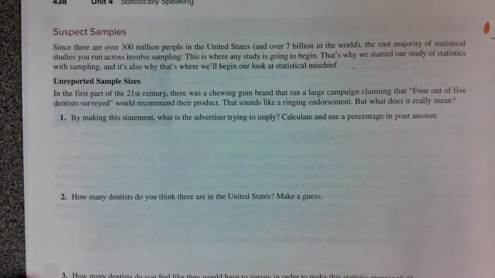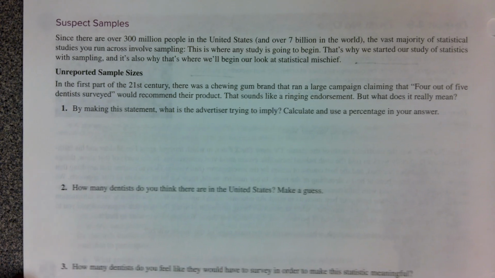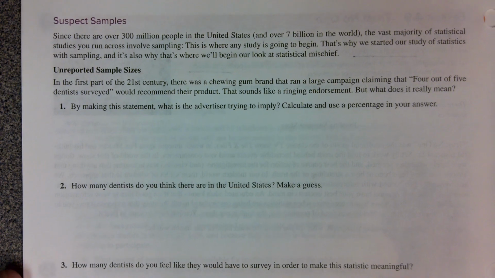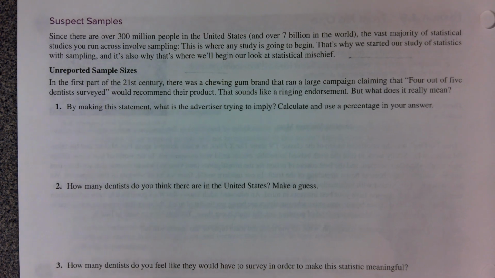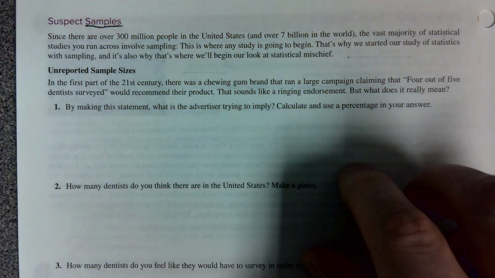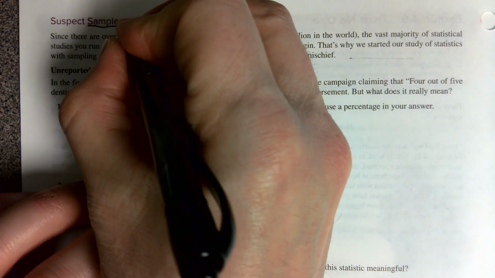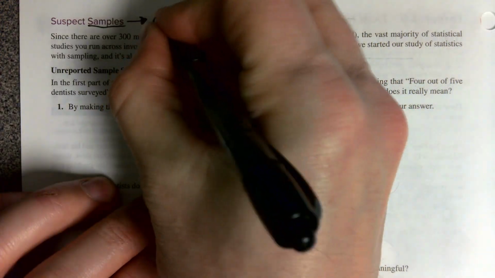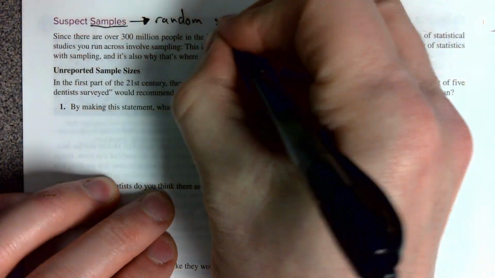So our first deal is you should be very mindful anytime someone is sharing with you information about a study, particularly a statistical study, of the sample. There needs to be a description of the sample. As we talked about in 4.4, the key component of any representative sample is randomness. Random selection.